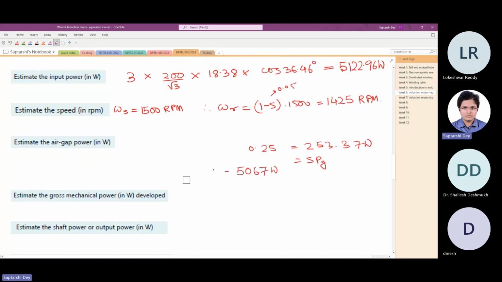That is one way you can do it, or we can do it in an easier way. Since we have the input power, gap power is simply, sorry, I did it wrong, input power minus stator copper loss.